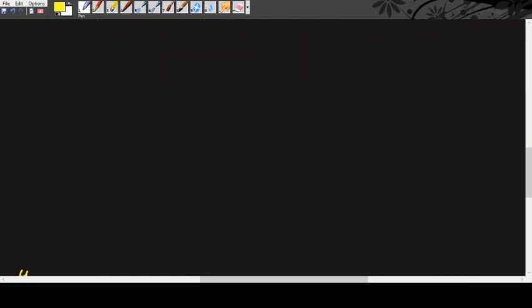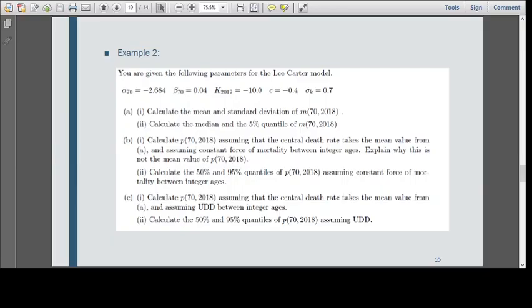Now let's look at the questions for part B. For part B, we want to find the P70 2018, assuming that the central death rate takes the mean value from part A, which we got just now, and assuming a constant force of mortality in between the integers, and we want to explain why it is not the mean value of P70 2018.